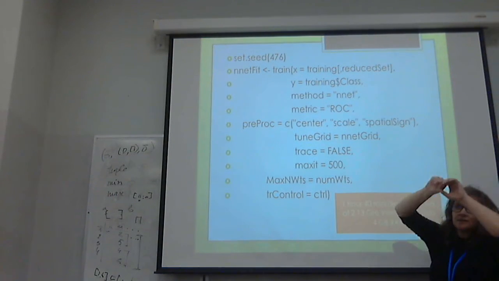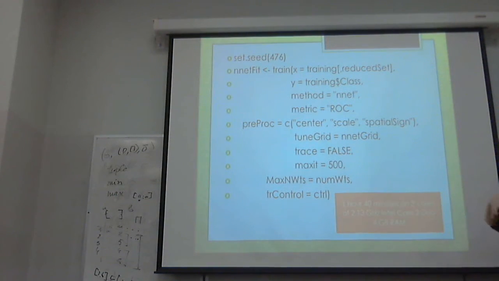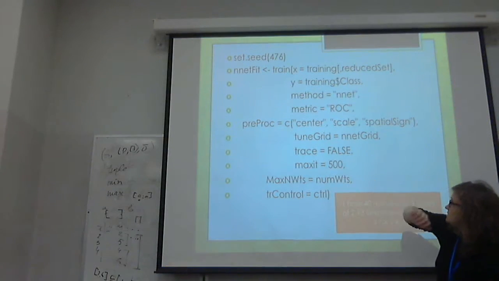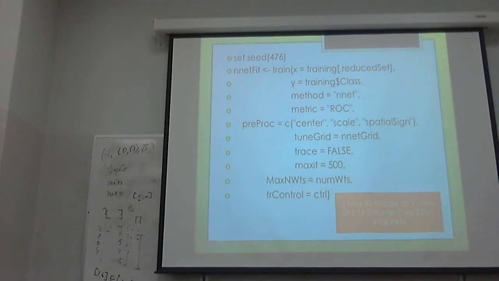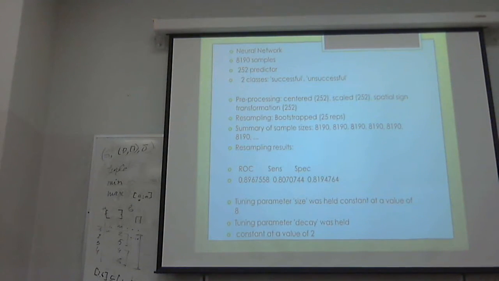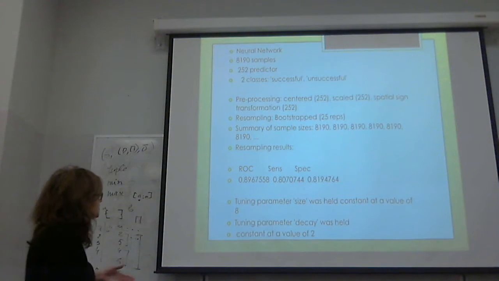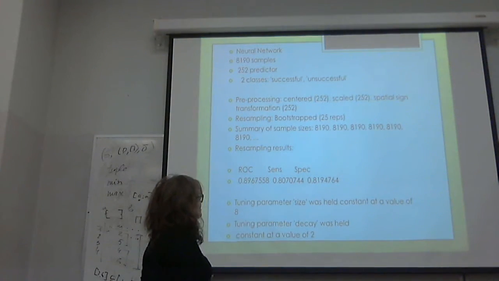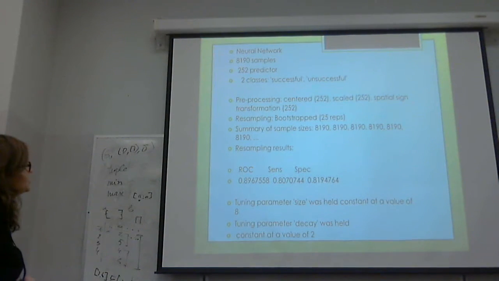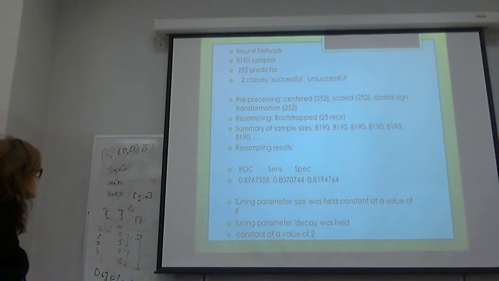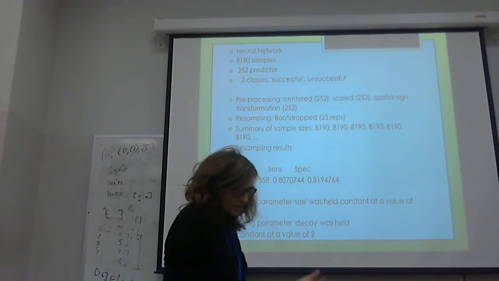We put outliers on the circle, so we kind of gather in the outliers for the spatial sign transformation. The maximum iteration is 500, so this is not really a nicely trained network, but still it works, because I ran this just with one parameter set. It has 252 predictors, 8,000 samples.